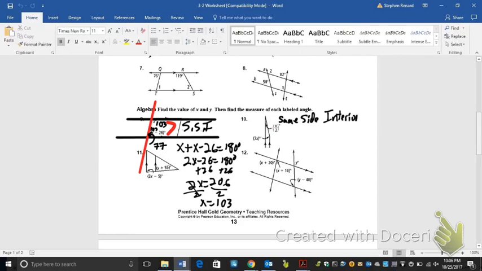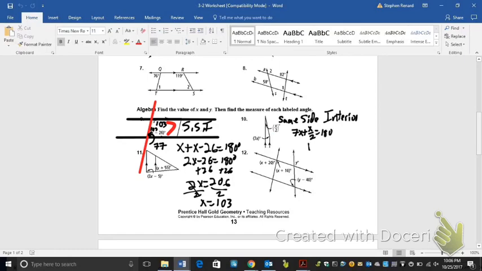So identify the relationship, and then write out an equation defining that relationship. Because same side interior angles are supplementary, we set them up equal to 180.